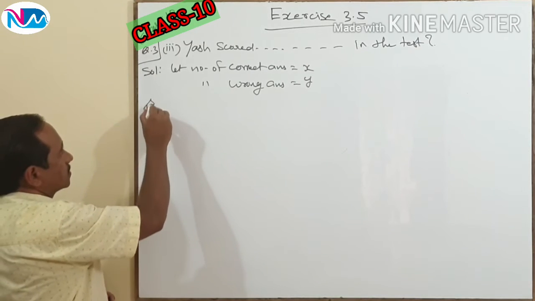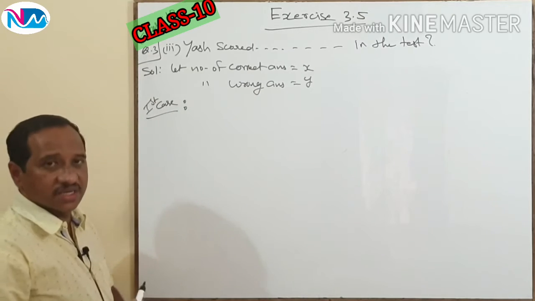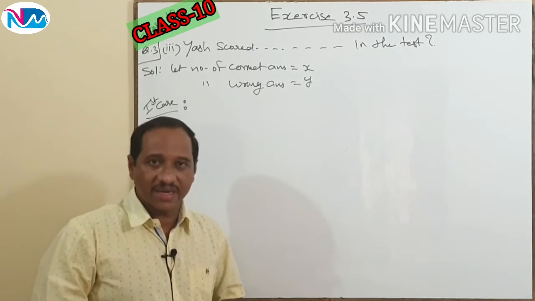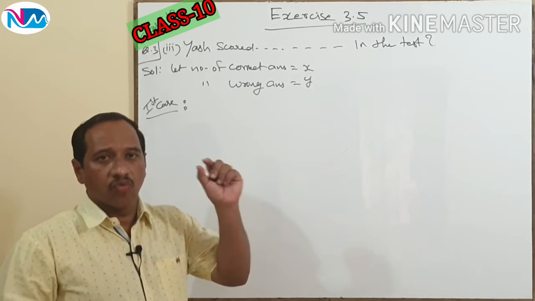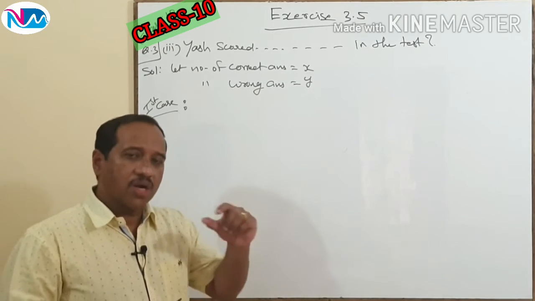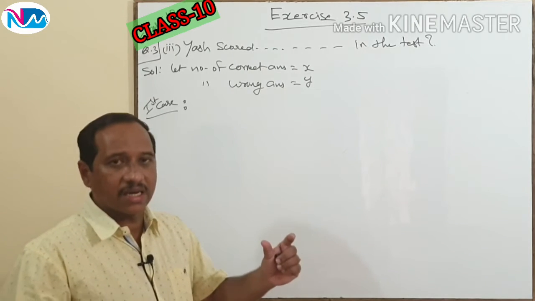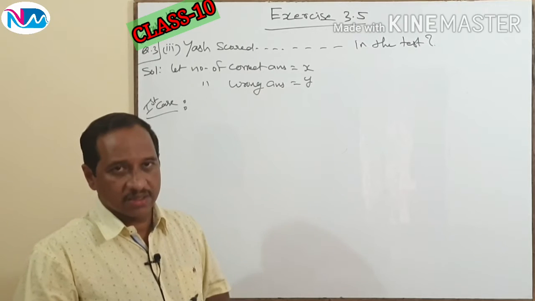According to the first case, what is the first case? 3 marks for each correct answer and 1 mark is reduced for each wrong answer. 1 mark reduced for each wrong answer can be considered as -1 mark.